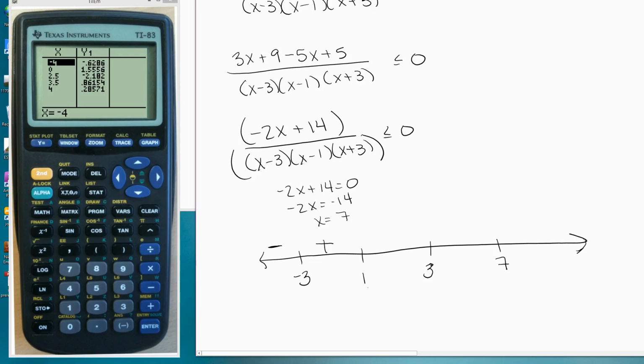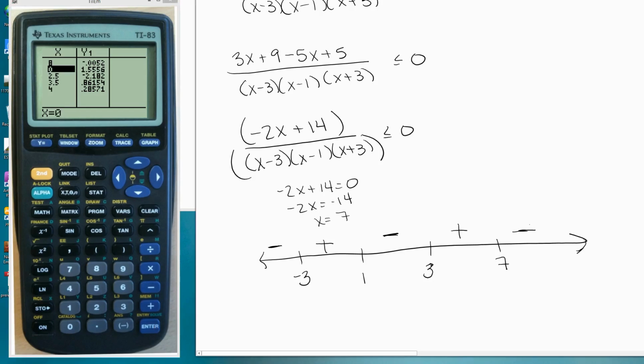Between 1 and 3, the 2.5 will work, that's negative. Between 3 and 7, the 3.5 will work, which is positive. And then we need something bigger than 7, so we will have to put something in. Let's test 8. Okay, and that comes out negative.